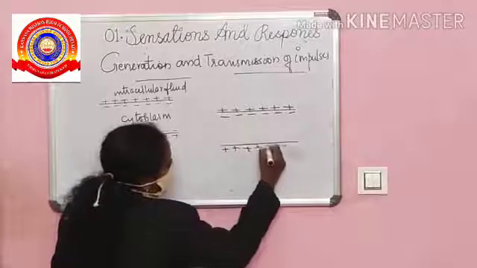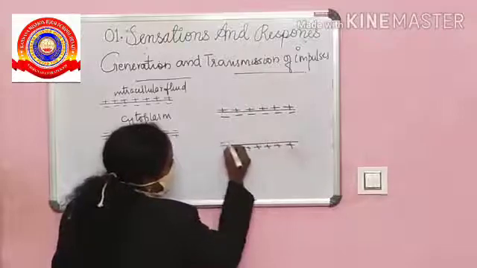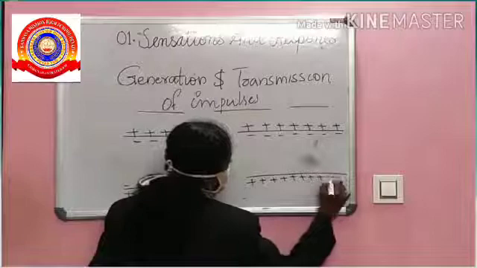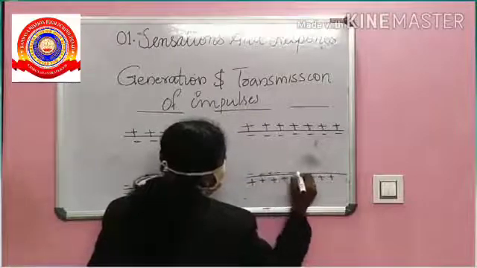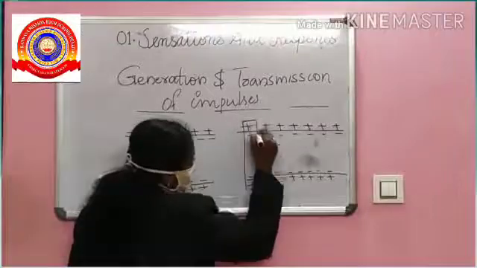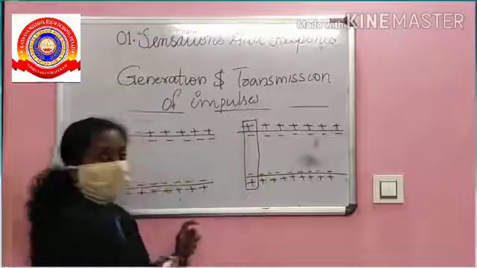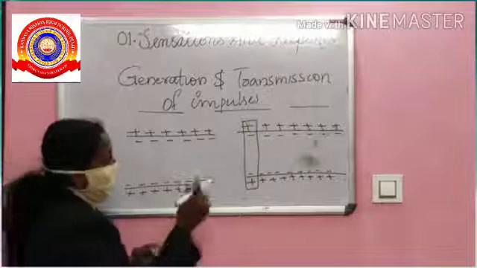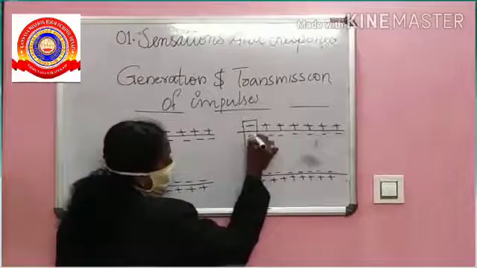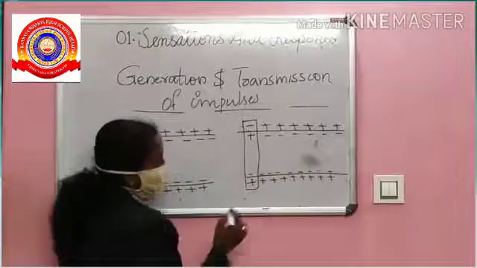When the impulses reach the axon, the charges change. That means positive charge changes to negative charge and negative charge changes to positive charge.